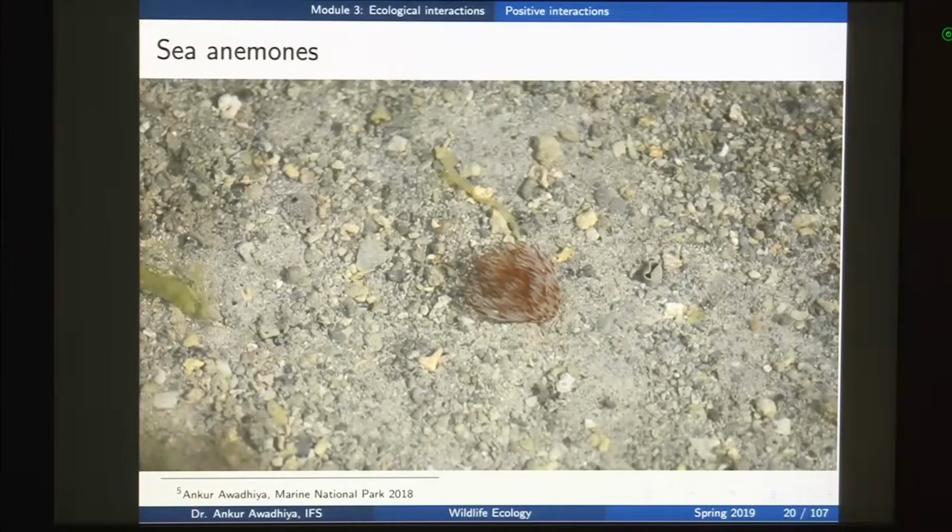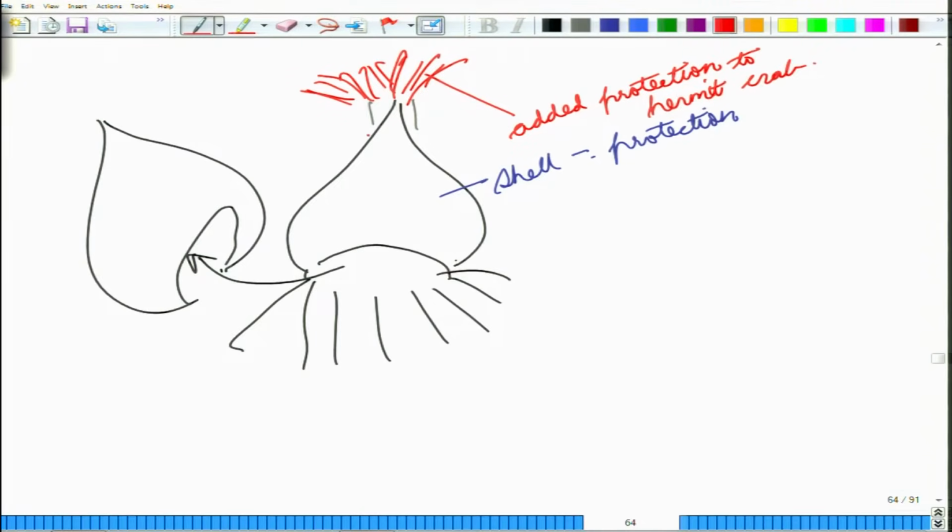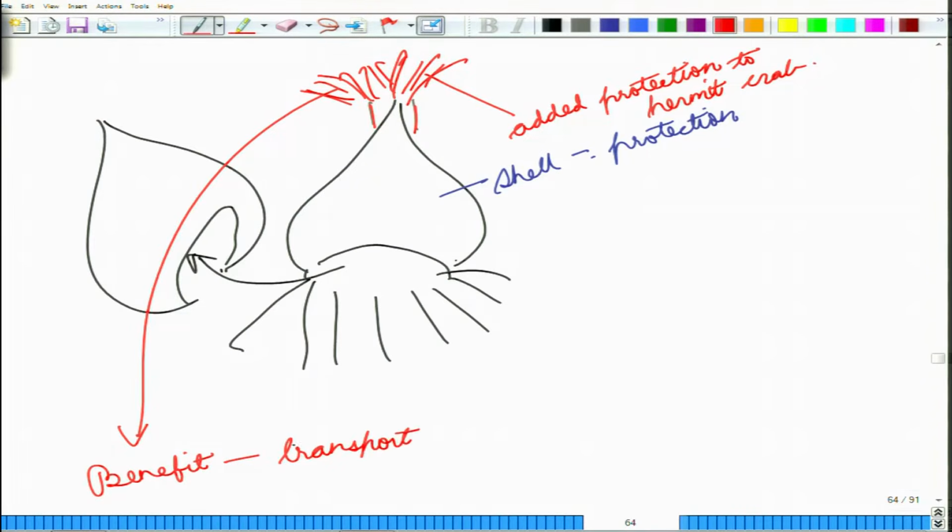But if it has a connection to the top shell of this hermit crab, this anemone will also get the benefit of transport, which would mean new sources of food.